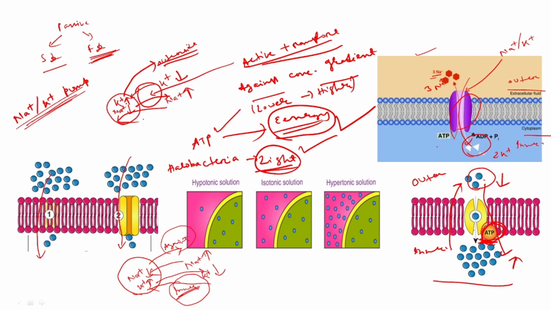So, the sodium potassium pump is the example of the active transport through which 3 sodium and 2 potassium are transported at the same time, and this pump is called the sodium potassium pump.